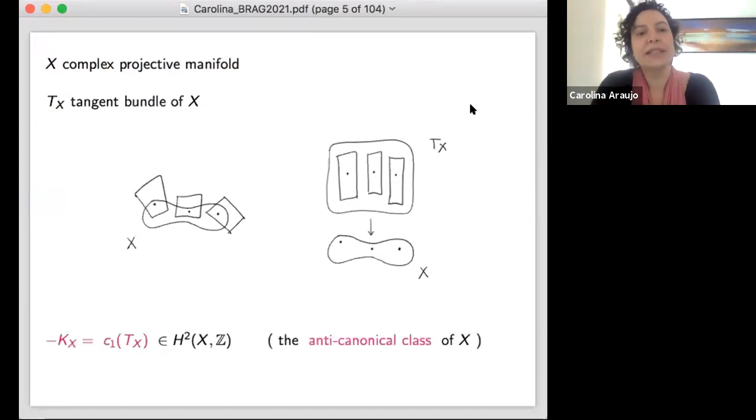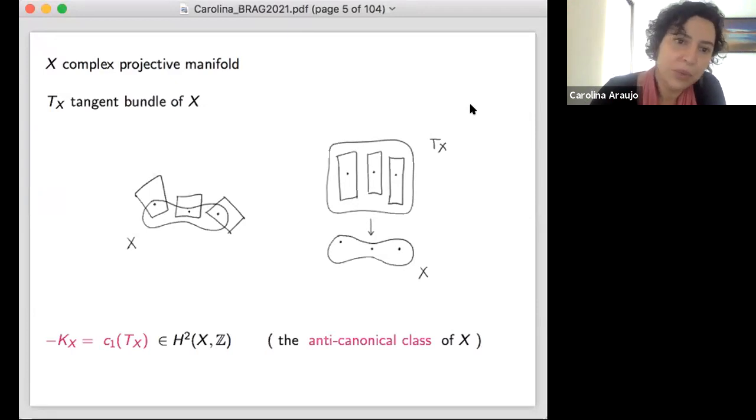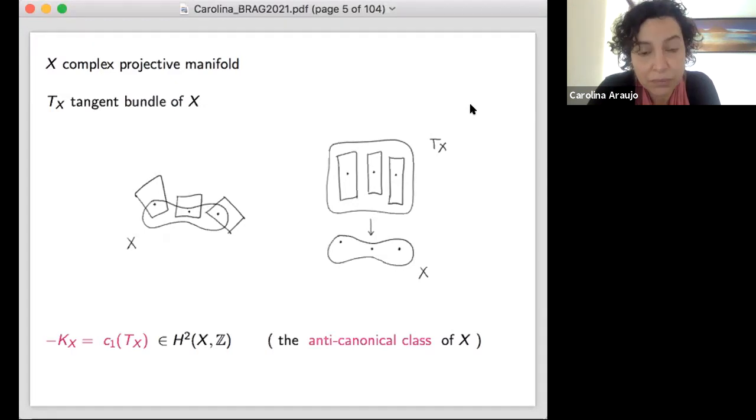And we define the anti-canonical class of X as the first Chern class of this tangent bundle. This is an element in the second cohomology group, or maybe we like to think of this as a divisor class on X, and we're usually interested in the numerical, or positivity, properties of this divisor.